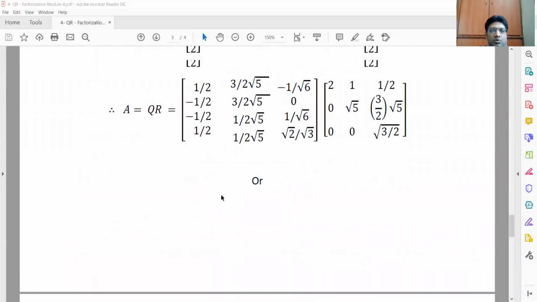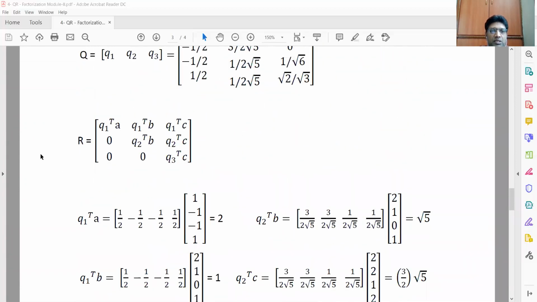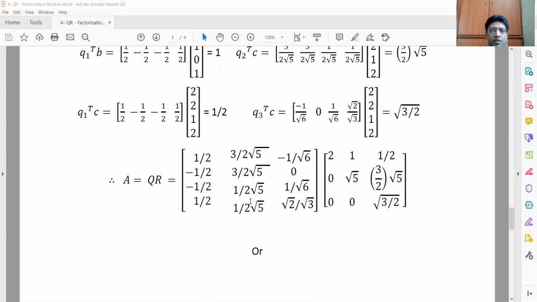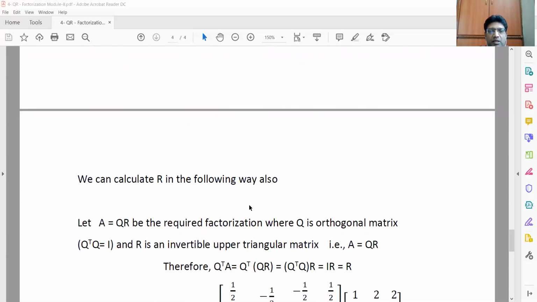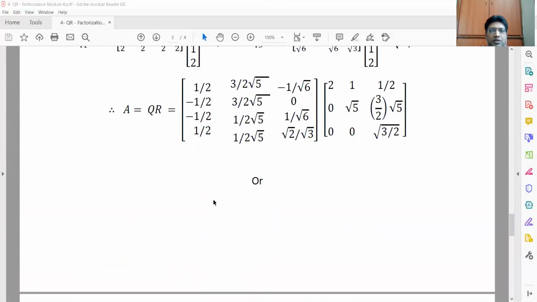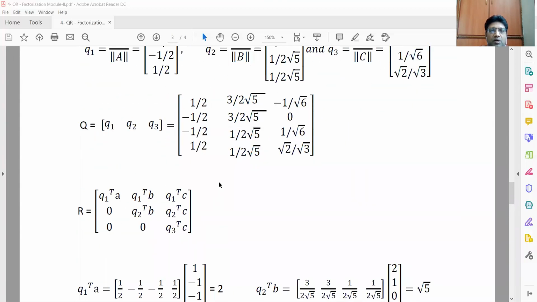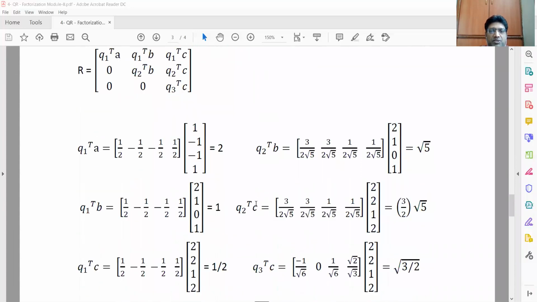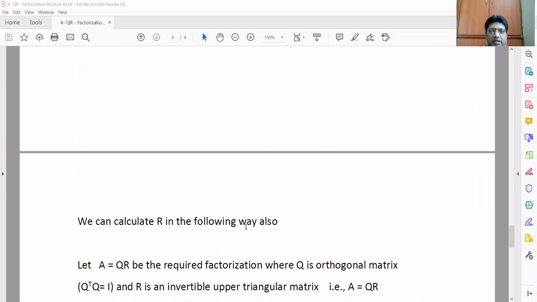That means you can calculate R using this formula, or if you don't want to remember that, you can calculate R using this formula Q transpose A. So R equals Q transpose. Q already we know, right? So this is the Q we got already. So take its transpose. So the transpose is taken here.